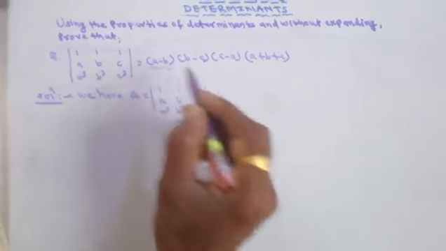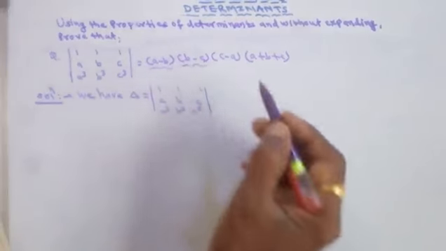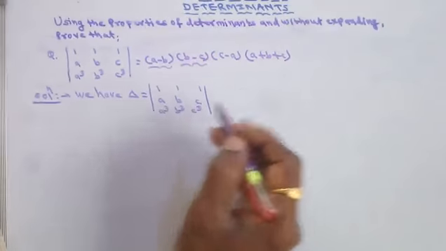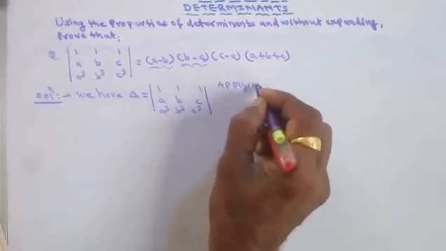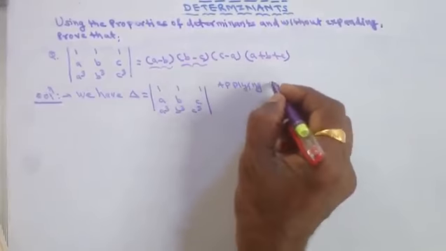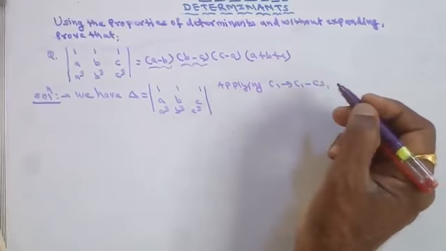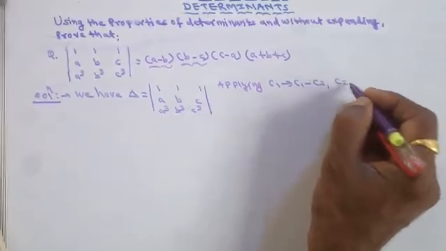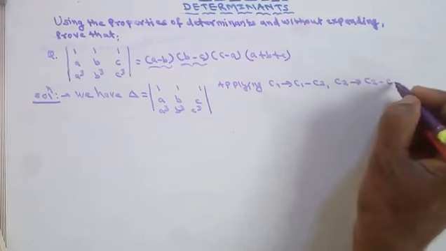I want the factor a − b here, so we subtract C1 minus C2. Again I want the factor b − c, so I will get b − c here. So applying C1 as C1 minus C2, and C2 as C2 minus C3.